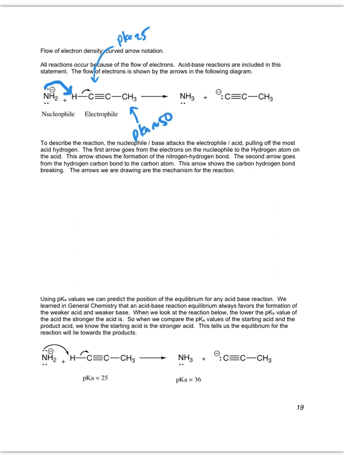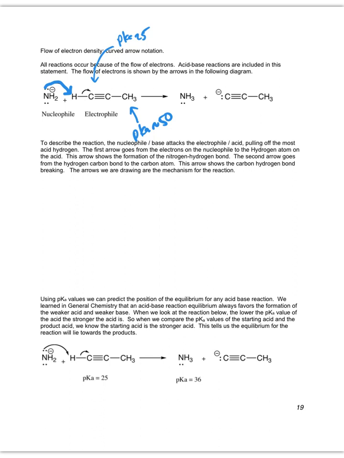So of those two types of hydrogens, the easiest one to grab is the one on the terminal acetylene. That will always be the case: an sp hybridized carbon is much easier to take a hydrogen off of than an sp2.